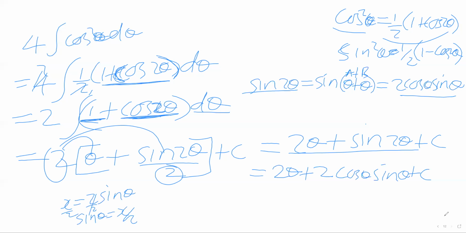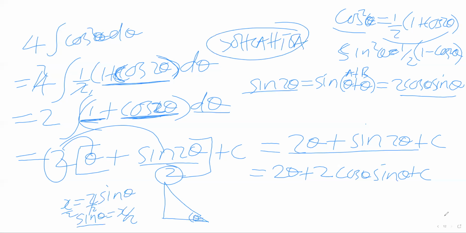Meaning, if you're using the triangle to see properly, this is theta. Remember, from SOHCAHTOA, sine is opposite over hypotenuse. So opposite is x, hypotenuse is 2. From Pythagoras theorem, this side will be root of 4 minus x squared.